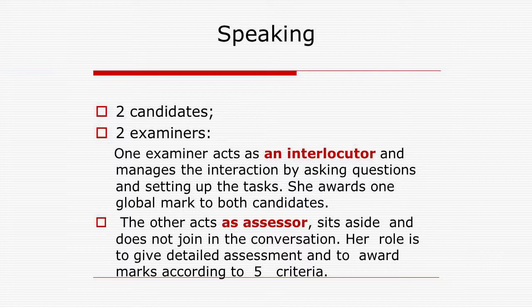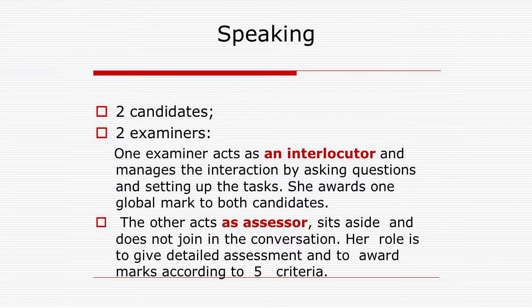One examiner is going to be an interlocutor. He is going to manage the interaction, ask questions, and set the tasks. Another teacher is going to be an assessor. She or he will sit aside and take notes on the conversations that are happening at the exam table.